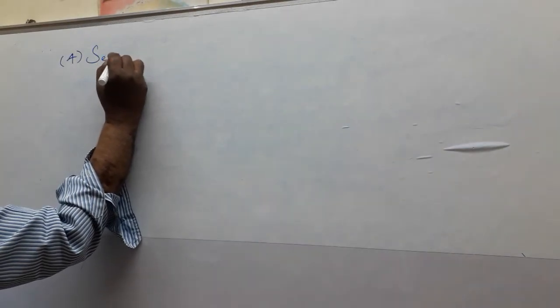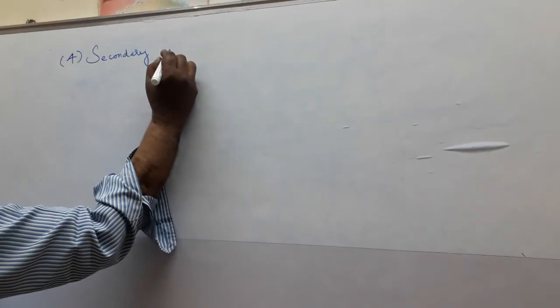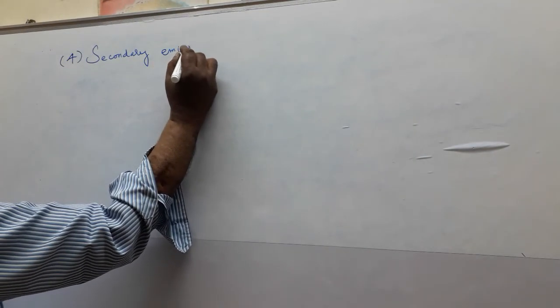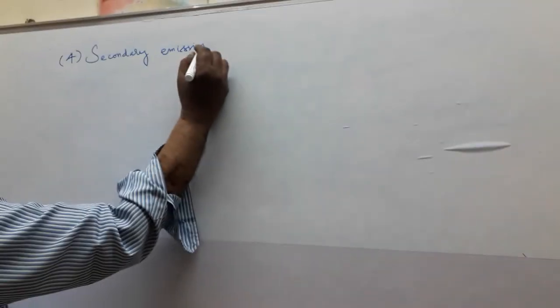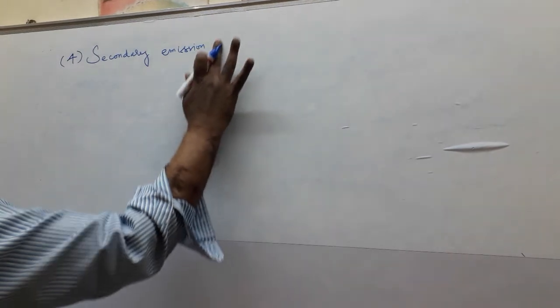Last day I gave an introduction, but today we are going to see secondary emission in depth. The fourth one is secondary emission of electrons. What is meant by secondary emission?